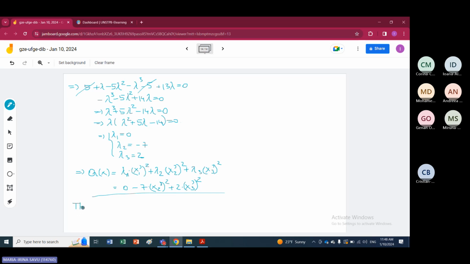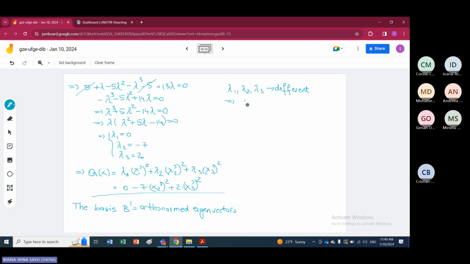So the basis is formed with vectors having lambda 1, lambda 2, lambda 3, which are different.